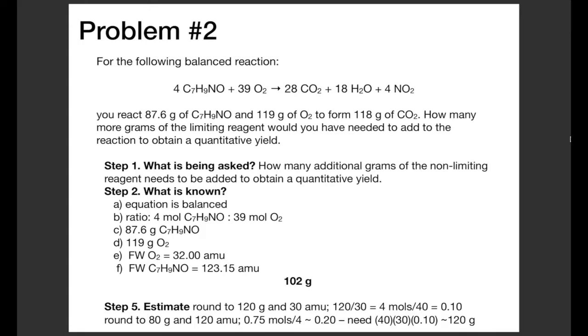If we take 0.75 moles divided by its stoichiometric amount, 4, we get 0.20. This is double the amount of O2. O2 is our limiting reagent. If we multiply that through by 40, its stoichiometric coefficient, and 30, its approximate molar mass, we get 120 grams. This 120 grams is close to our 102 grams that we obtained from working out the reaction.